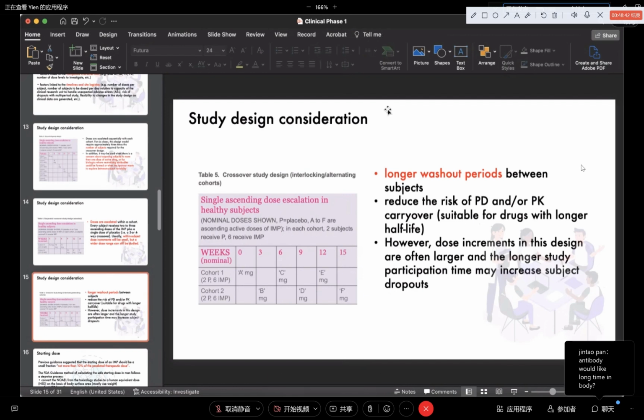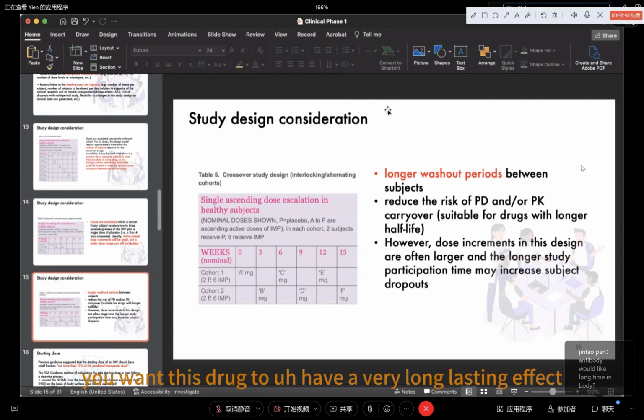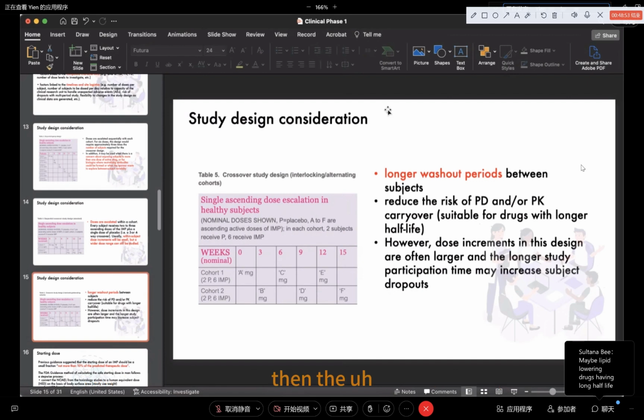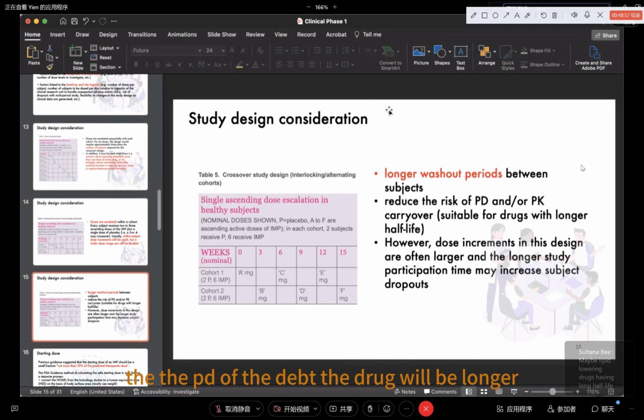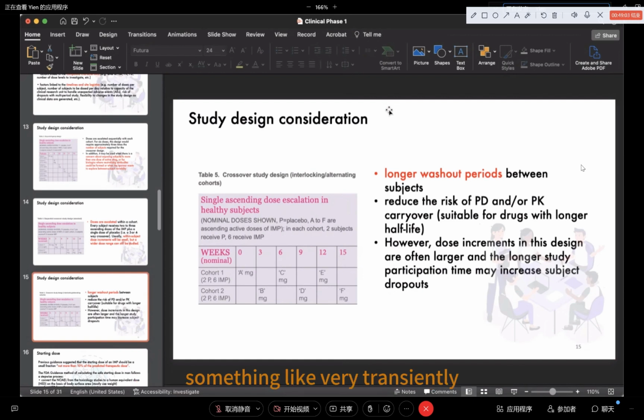You are getting somewhere. So if you are treating something and you want this drug to have a very long lasting effect, then the PD of the drug will be longer. And if you just want this drug to work very transiently, then it will be very fast.